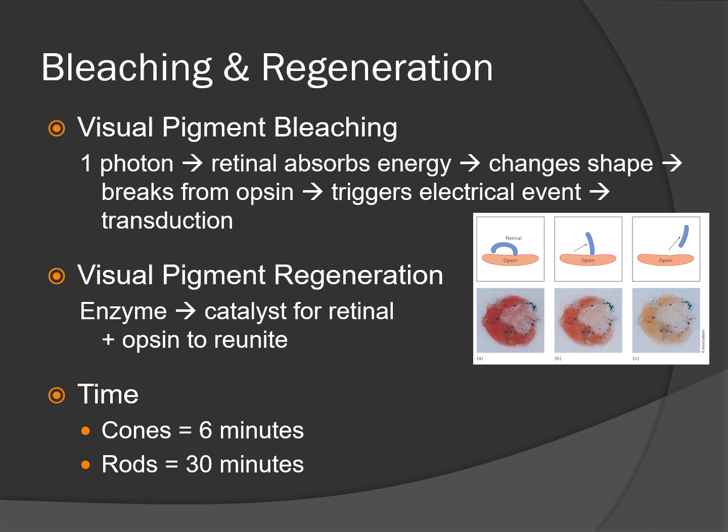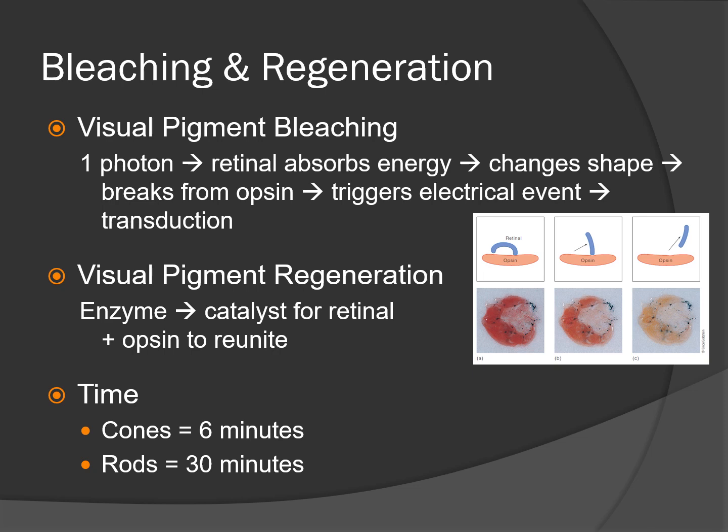And so actually at this point, that rod isn't usable again. It has to regenerate. We have to go through this visual pigment regeneration. And there are enzymes, they're actually in the pigment epithelium, that allow for the retinal and the opsin to reunite. And we've looked at rods, but the same kind of thing is happening with cones.